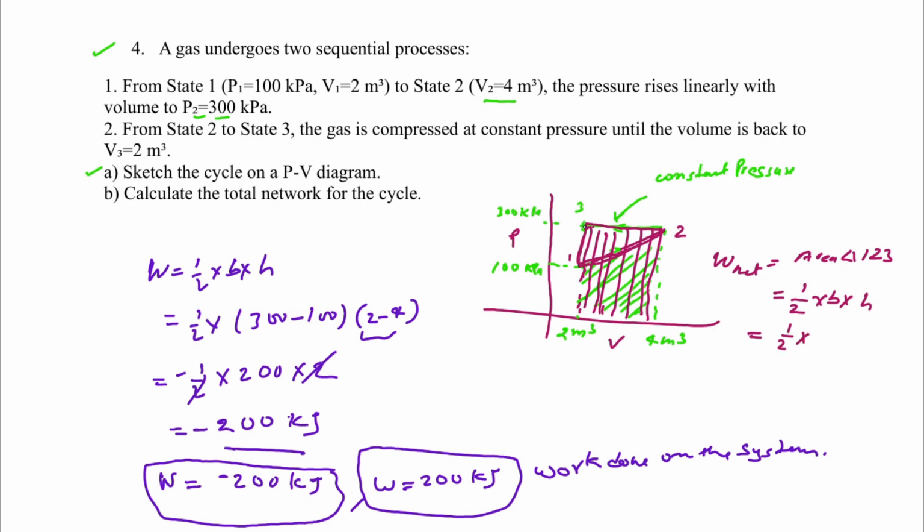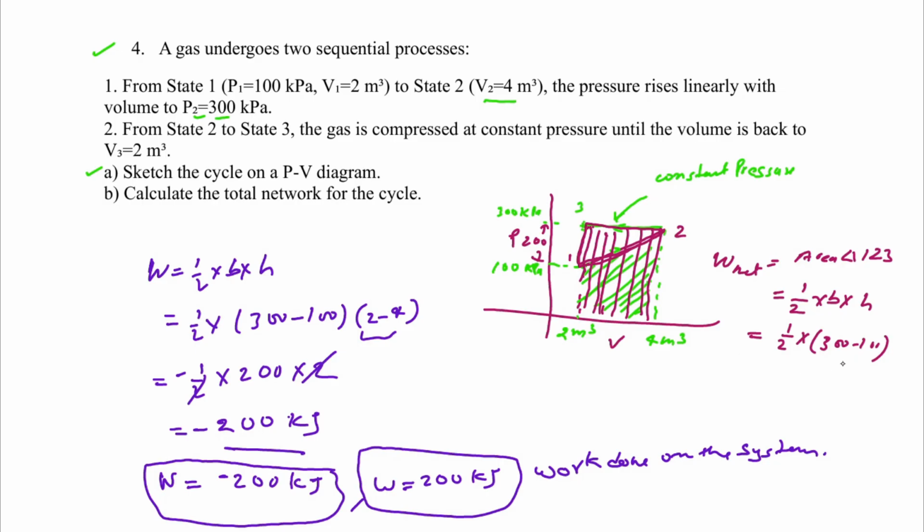If this is the base, it is the pressure difference, 300 minus 100, so this is 200.